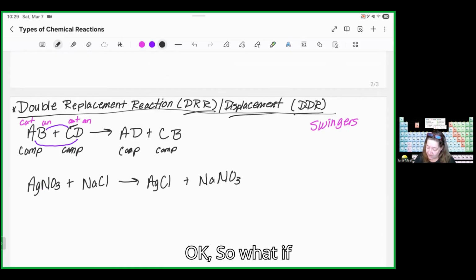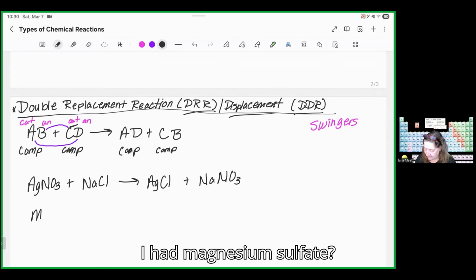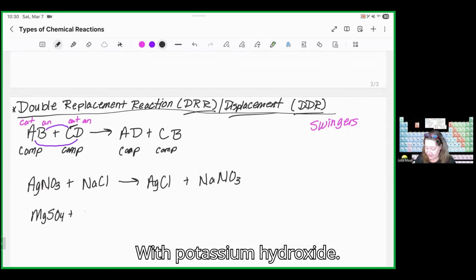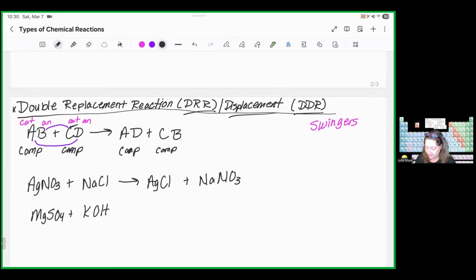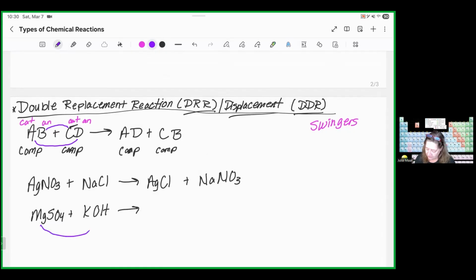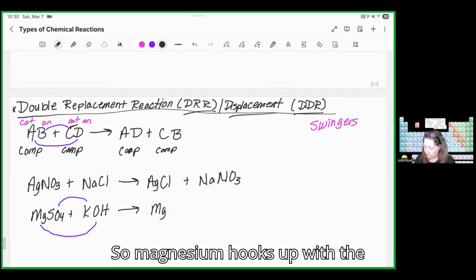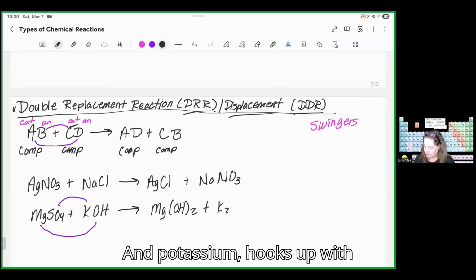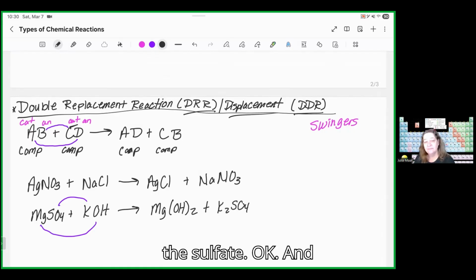Okay, so what if I had magnesium sulfate with potassium hydroxide? Okay, so they're going to switch partners. So magnesium hooks up with the hydroxide and potassium hooks up with the sulfate.